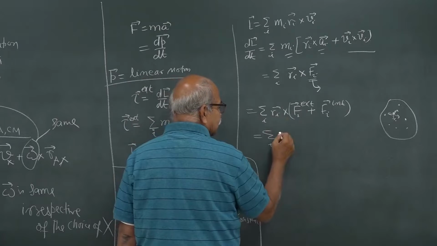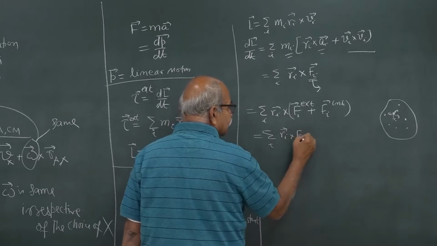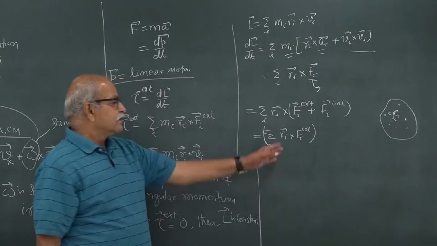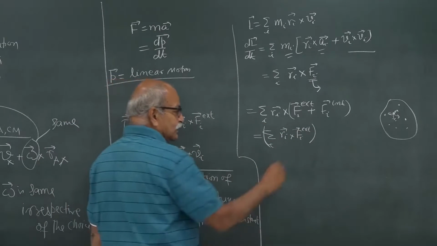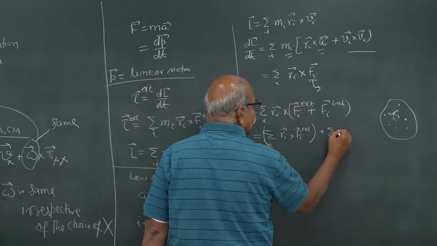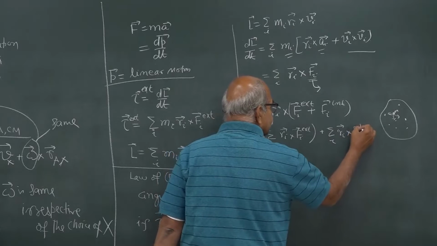Ri cross Fi external, this is one part, this is the external torque that I am writing here, but then there is another term, summation over i of ri cross Fi internal.